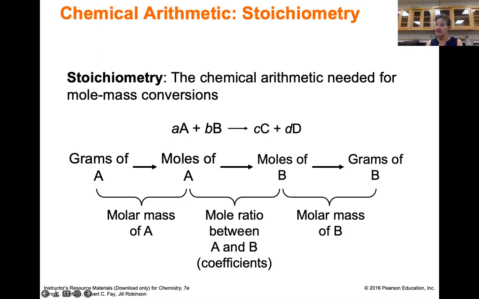But if little a was 1 and little b was 2, then the ratio would be 2 moles of B to 1 mole of A. So we have to take into account the molar masses. You have to use grams of A and then use the molar mass of A to convert that to moles. And then you have to compare A to B by using the ratio in a balanced equation.